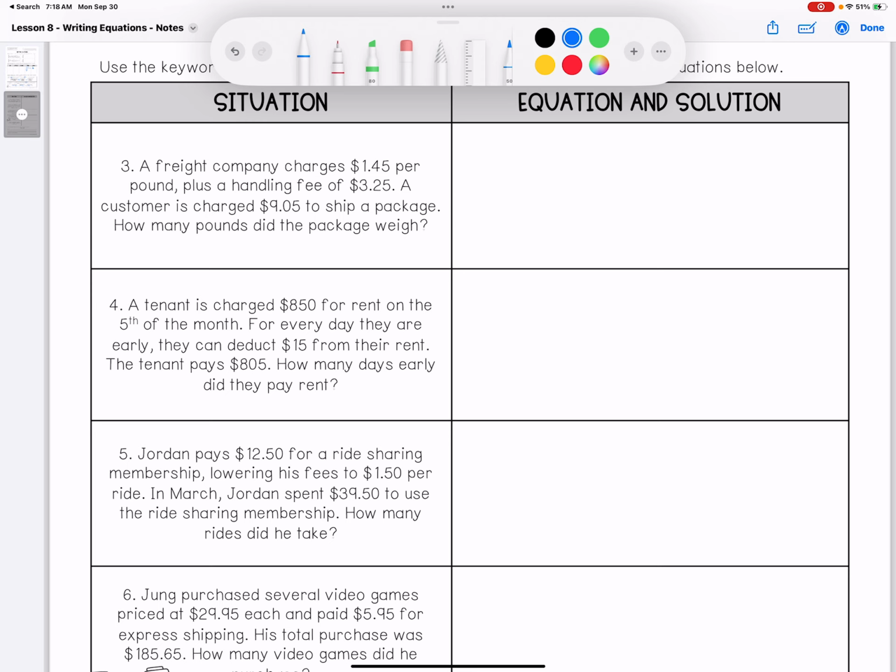A freight company charges $1.45 per pound. That is $1.45 per, which means multiplication, in this case, per pound. So that is $1.45 times something.